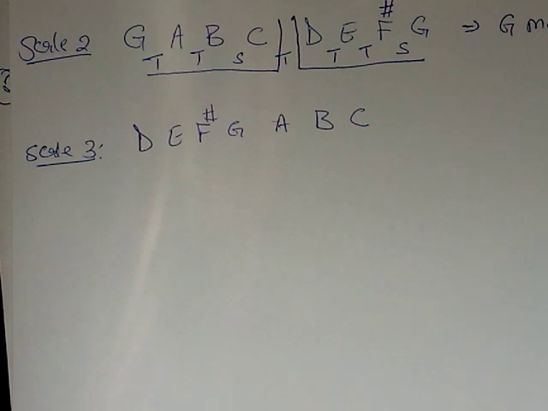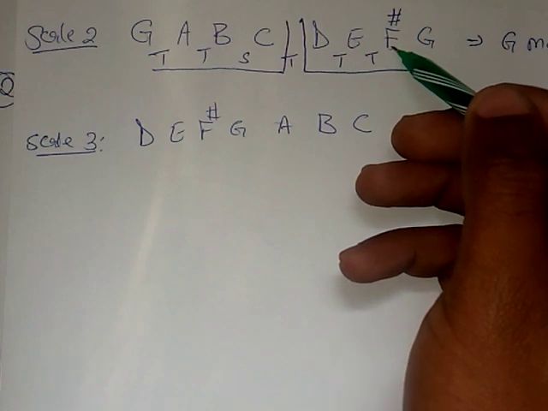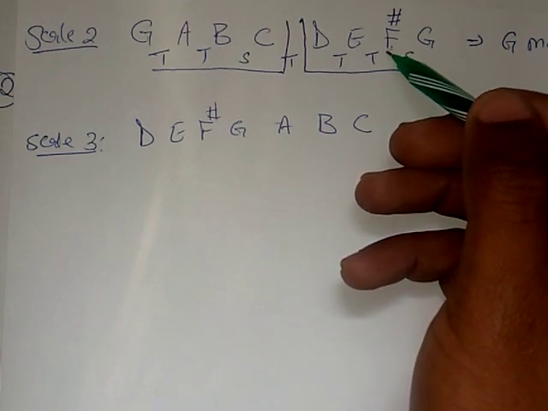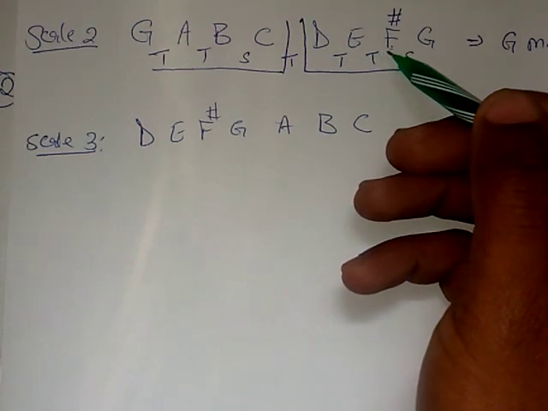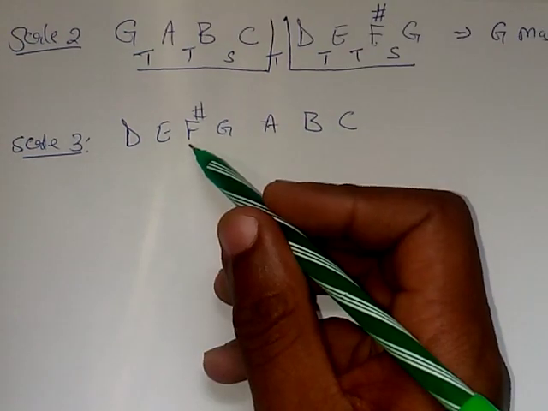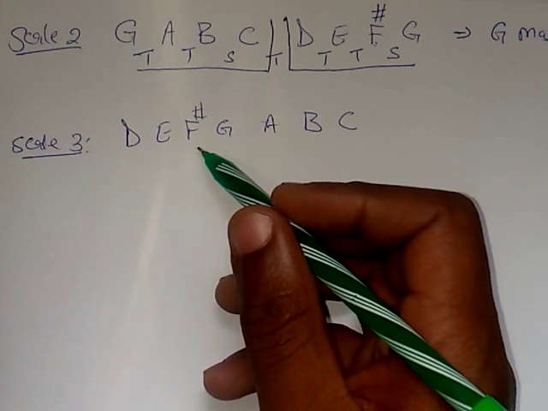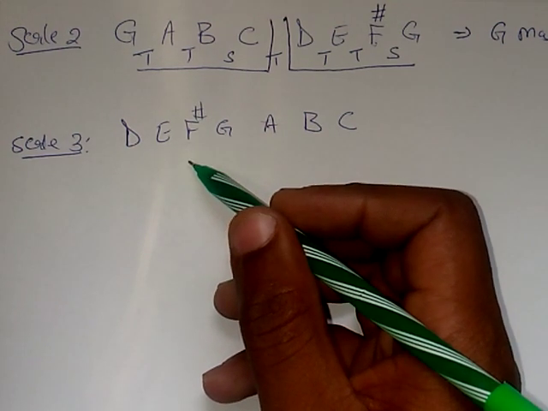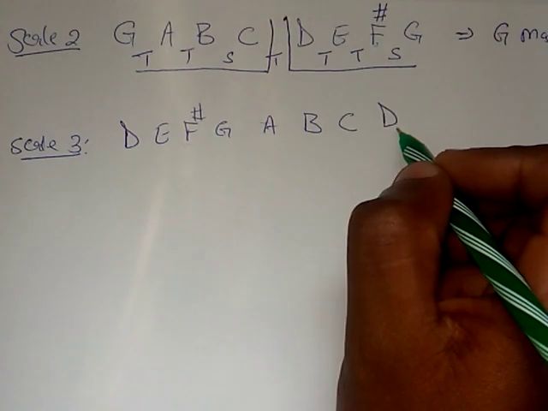Notice that we have already sharpened F to be F sharp. So in the upper tetrachord, we'll pick it the way it is. That's why it is appearing here. And because a major scale is an octave, our scale will end at D.